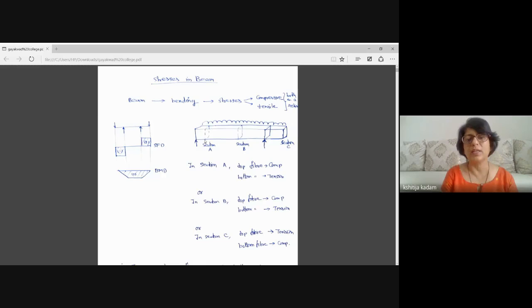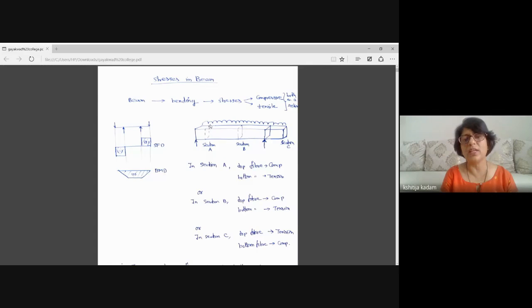Consider any section A. If you consider this section A, and if you try to visualize the deflected shape of the beam, you will find that here it will deflect like sagging. In the middle portion of the span, the beam will deflect like sagging. Sagging, in last class you have understood, it is deflection like the shape of a smile.